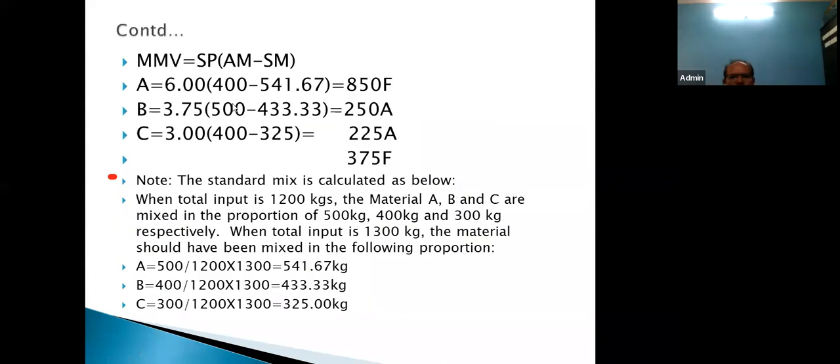So here I have fed figure 400 actual mix, minus स्टँडर्ड मिक्स. आता स्टँडर्ड मिक्स आपल्याला दिलेलं नाहीये, इथं थोडं आपल्याला अजून एक कॅल्क्युलेशन करायचं, कारण सगळ्या गोष्टी काही तुम्हाला मिळणार नाही, काही गोष्टी तुम्हाला शोधाव्या लागतील. मी एक्सप्लेन करतो तुम्हाला की हाऊ दिस 541, हाऊ दिस 433 and how this 325 has come, because we haven't given information of 541 of A.